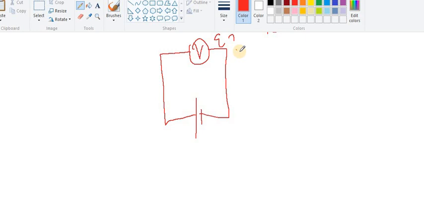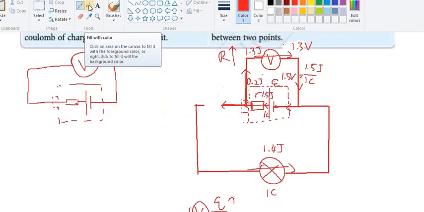But what if the internal resistance is big? Then the reading of the voltmeter is not the electromotive force. So if like that, what do we need to do? We have to find out by doing an experiment. Okay?